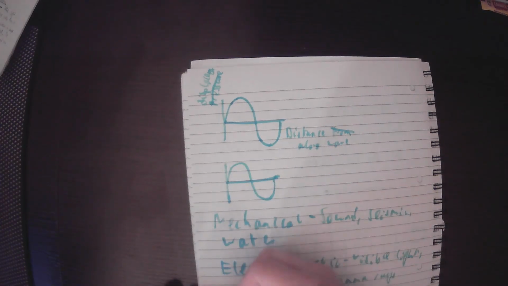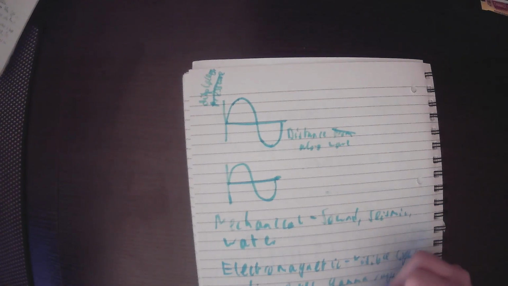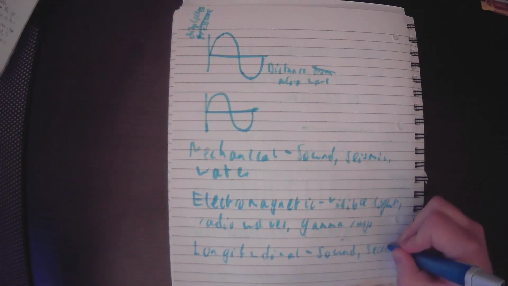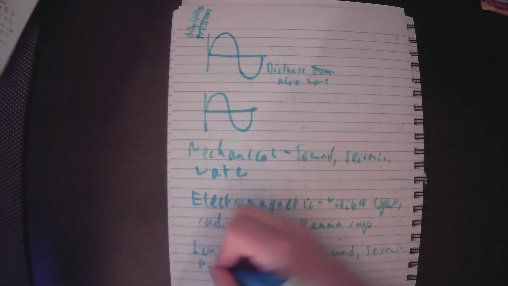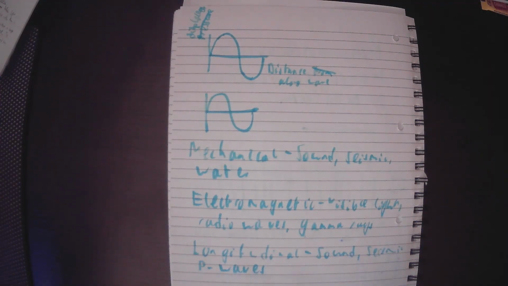Then for longitudinal, you need to know that sound is longitudinal. Sorry about that. The longitudinal waves are sound waves and seismic P waves. Sorry if there was a jump in the video there.